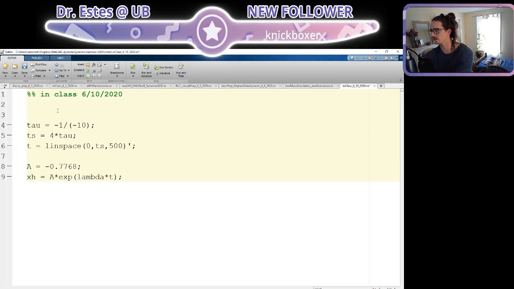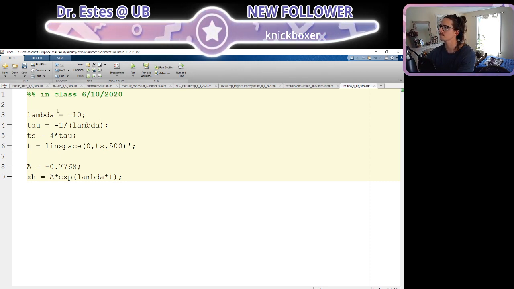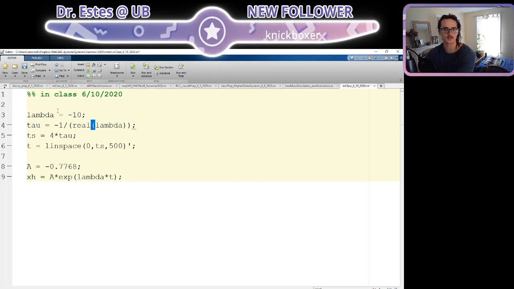We could say, even up here, lambda is -10. Or we could even be a little bit redundant, like put the real part of lambda up here. Same thing.